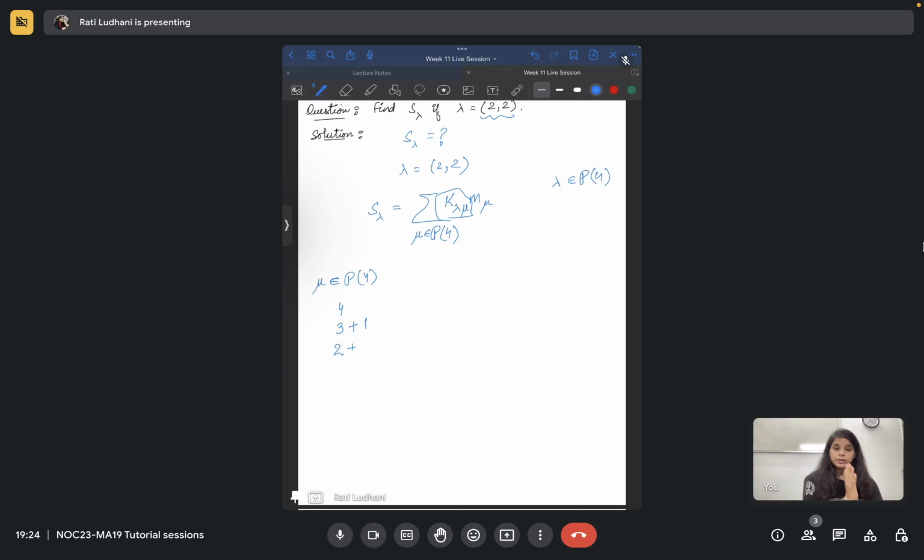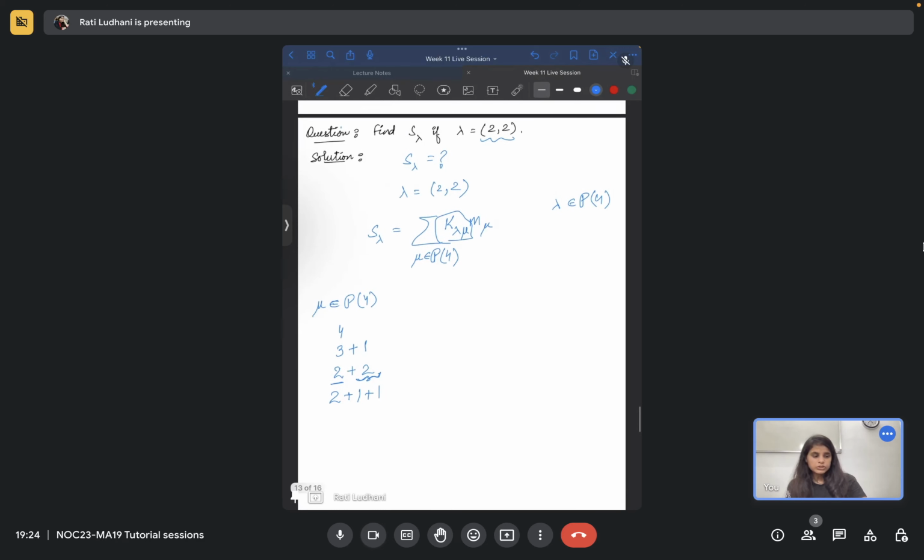When you subtract this, you got 2, so 2 plus 2. Now with 2 you can do the partition of 2, that is 1 plus 1. You can have multiple partitions, so that you need to do.